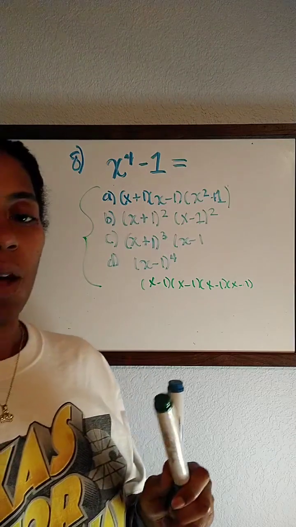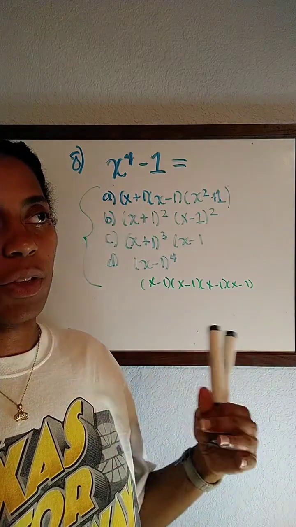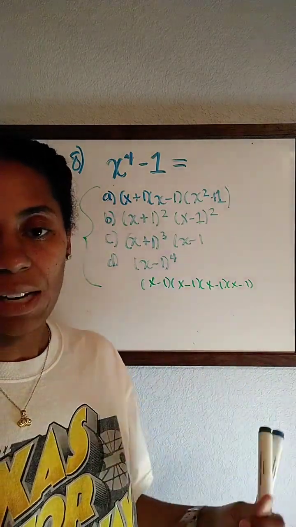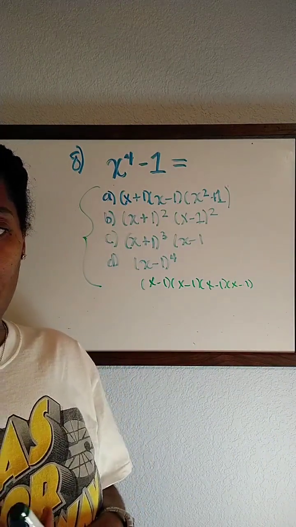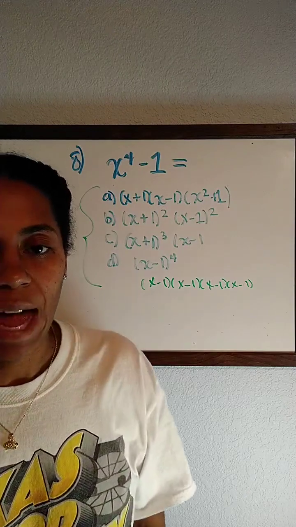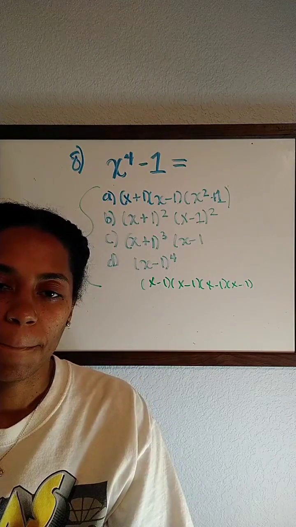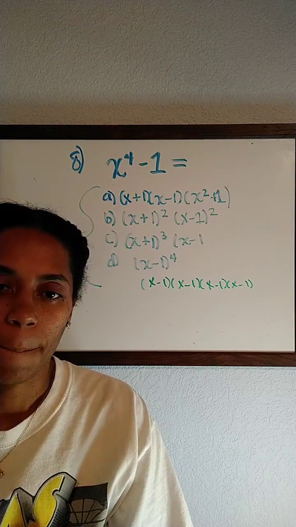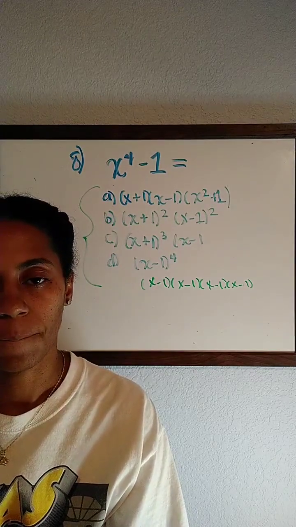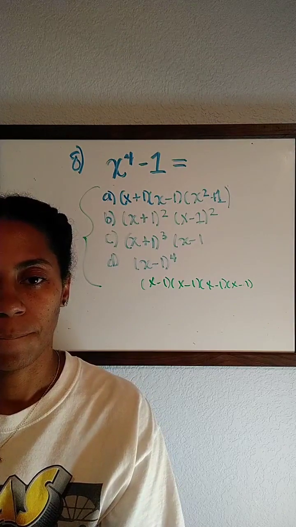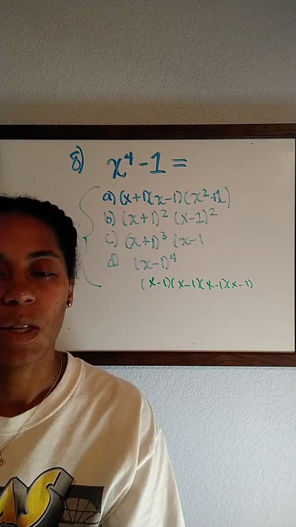So what you have to understand about factoring is that, for instance, give me factors for the number 6. What are factors for the number 6? Two and 3. Very good. What would be factors for the number 12? 6 and 2.